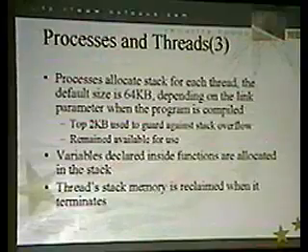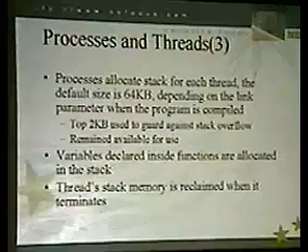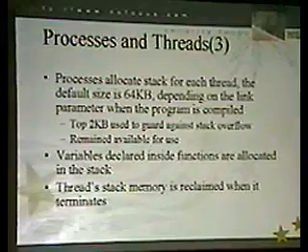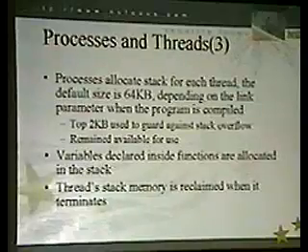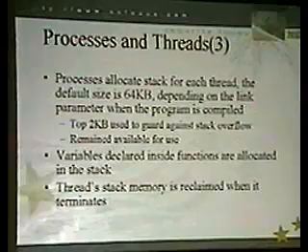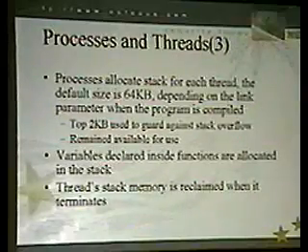We can't destroy this memory, otherwise the device will freeze. The remainder is available for use. Variables declared inside a function are allocated in the stack. Thread stack memory is reclaimed when it terminates.